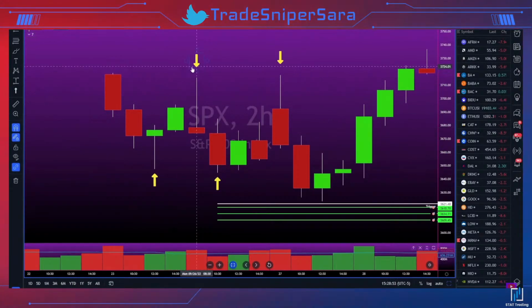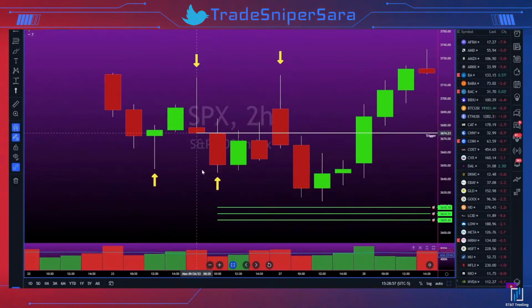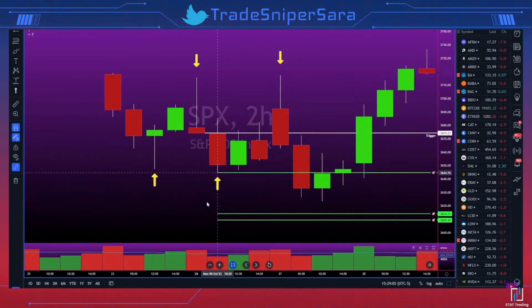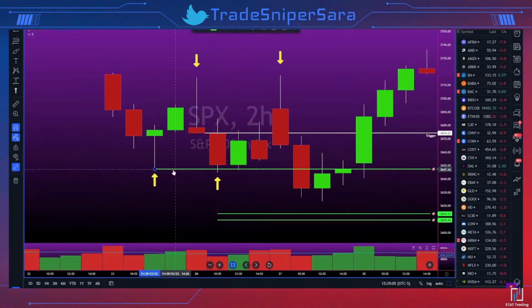You have a shooter. So your actionable signal is a break below that shooter, and your target is going to be this pivot low. So smart money are short and they get out here at their target.